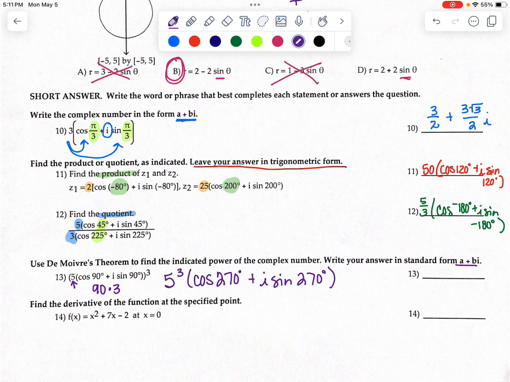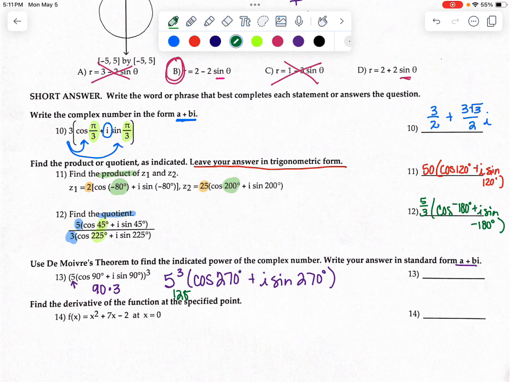Now, if you're choosing to use your calculator to help you with this, because maybe it's not going to be as nice, you need to make sure to change it back to degrees, because the last time we used our calculator back in number 10, it was in radians. Please pay attention to that. You will get the wrong answer. 5 to the third power is 125, I'm fairly certain. You guys know me, I'm going to check my work because today has been a day. All right, okay, 125.